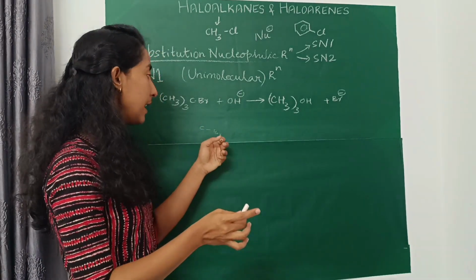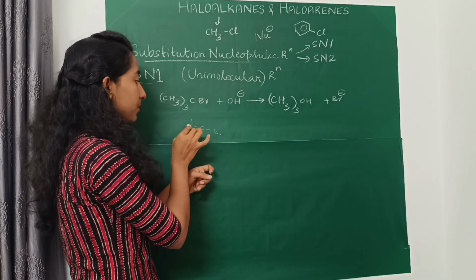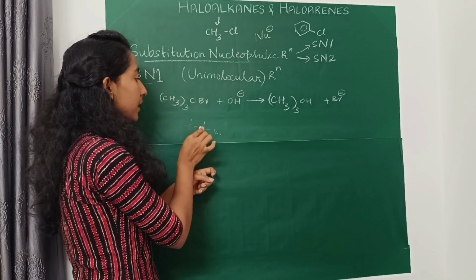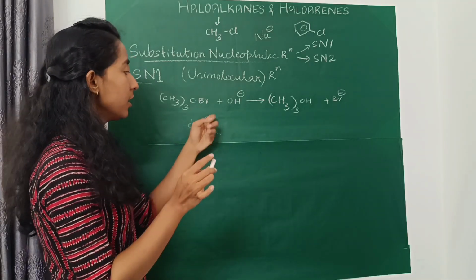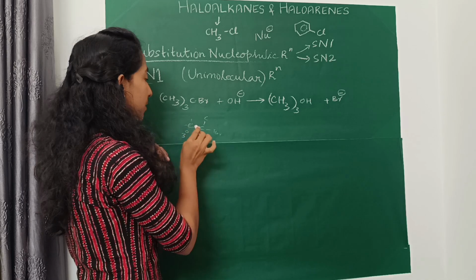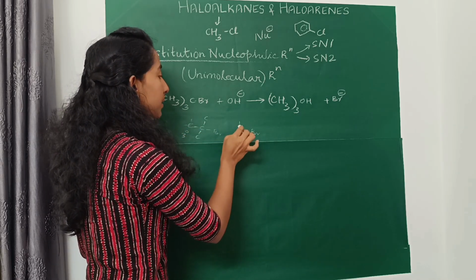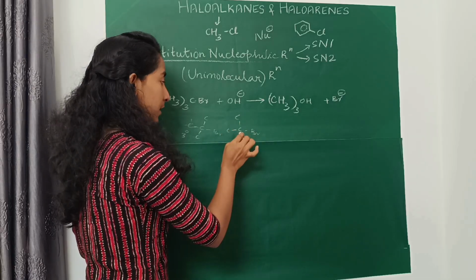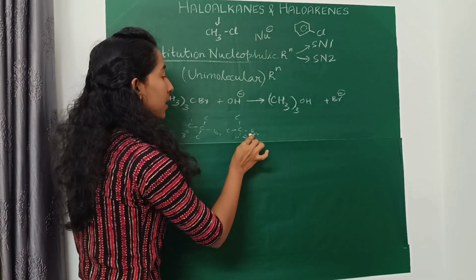When the halide is attached to a carbon which is attached to three other carbon atoms, it is tertiary. If that carbon is attached to two other carbon atoms, and the rest are hydrogens, then it is a secondary halide.